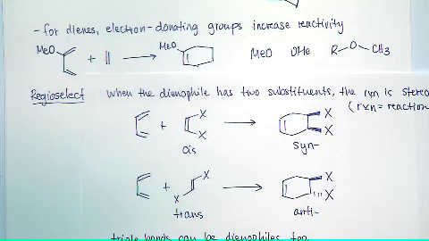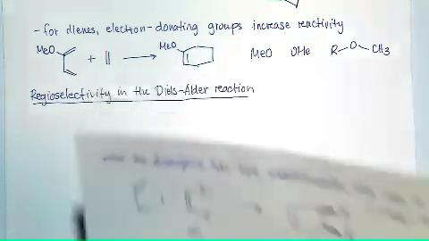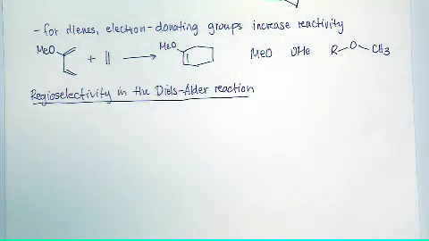So that's stereochemistry. That has to do with the orientation of the atoms in space on the molecule. But regioselectivity is looking at which atoms are connected to which atoms. And that'll be a little more clear here in a minute.